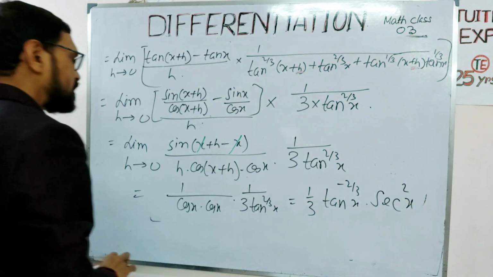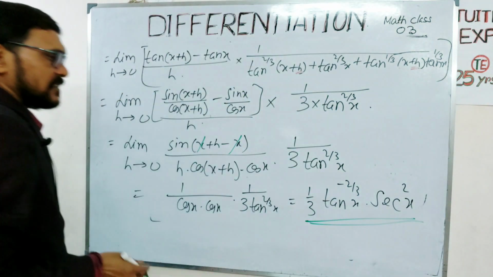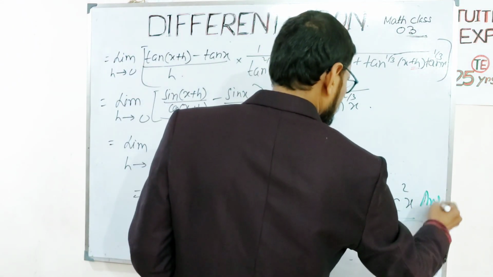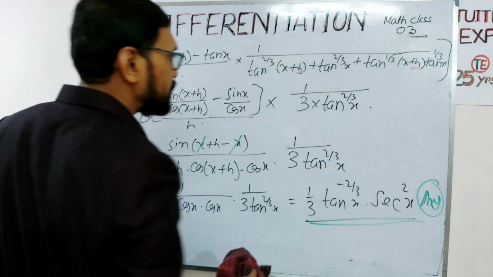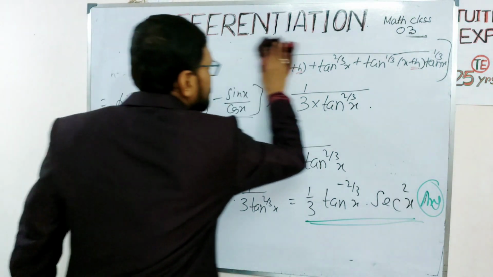This is the derivative of tan to the power 1/3 x. So this is the answer. So this way the derivative of tan to the power 1/3 x from first principle comes.